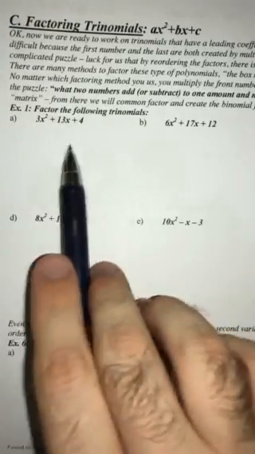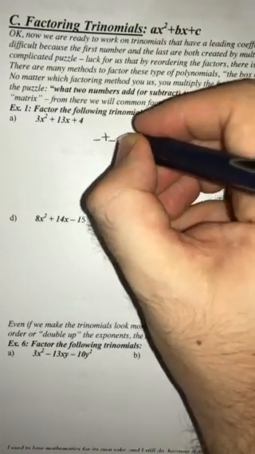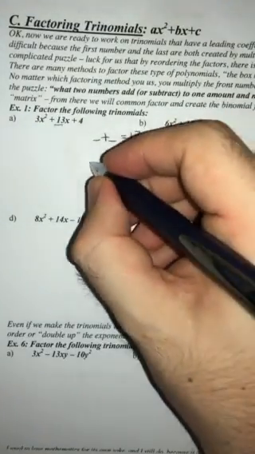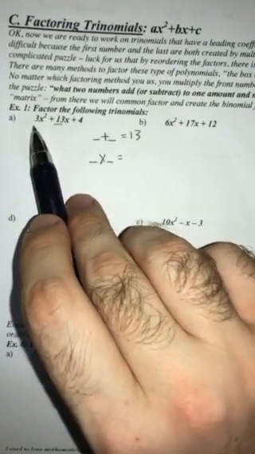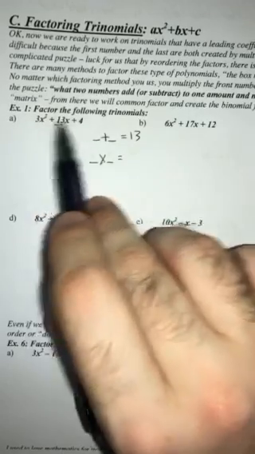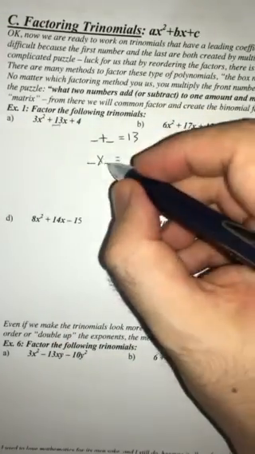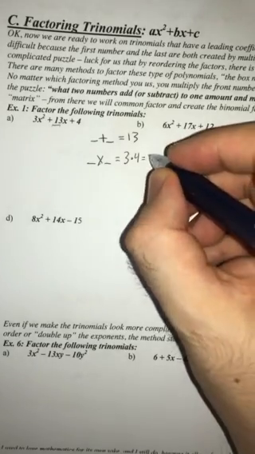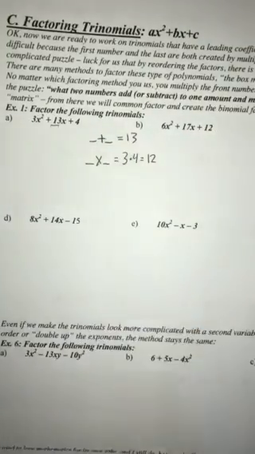So for this, let's do this one. I'm going to do something similar where I need two numbers that add up to this middle number 13 and two numbers that multiply, but because I have a term in front of the x squared, I need to multiply those two together. So it's what two numbers multiply to 3 times 4, so 12. What adds to 13?